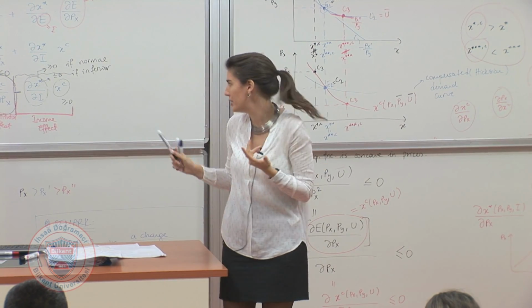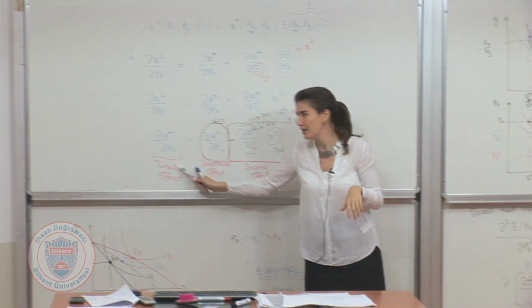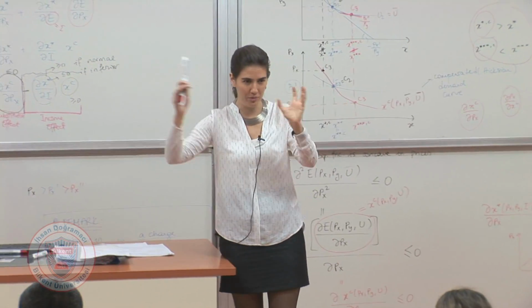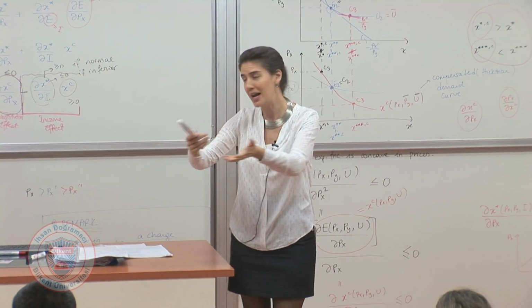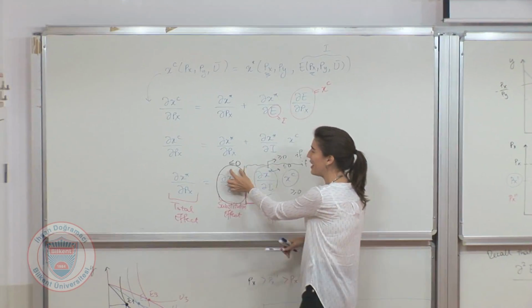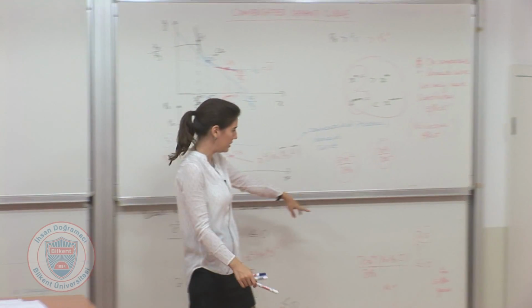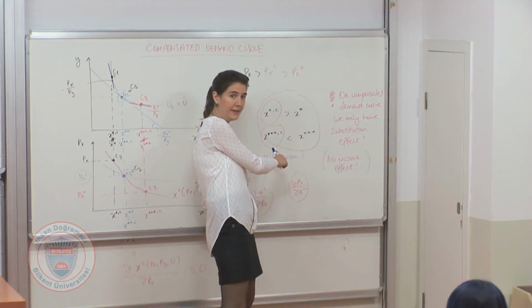Do we know what's going to happen to the total effect? If its income effect is dominant, it's positive and it's greater than the substitution effect, this effect is going to be positive. It's going to give us this inferior good, which is Giffen.